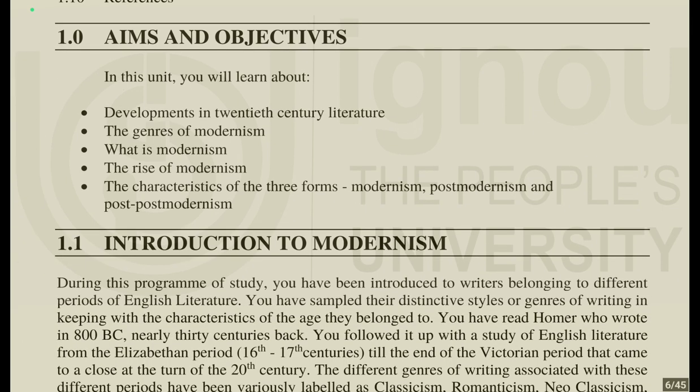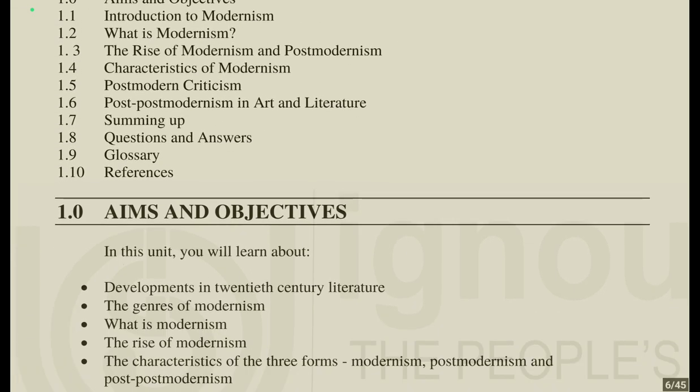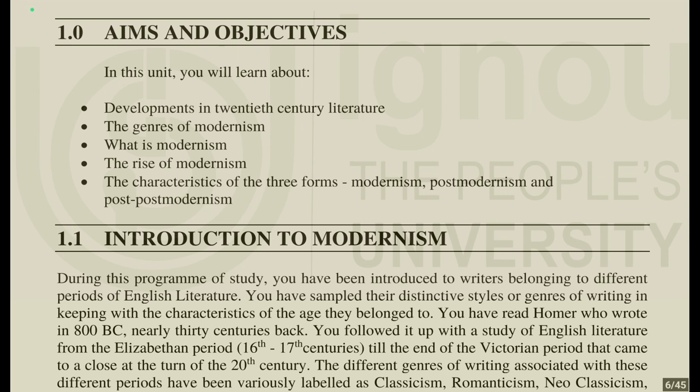So aims and objectives. Again, these are important. First that was a structure, but in the actual text, aims and objectives are important. In this unit, you will learn about developments in 20th century literature. Whenever the word 20th century comes, it means the 1900s. Whenever they talk about the 21st century, it means 2000 to 2099.